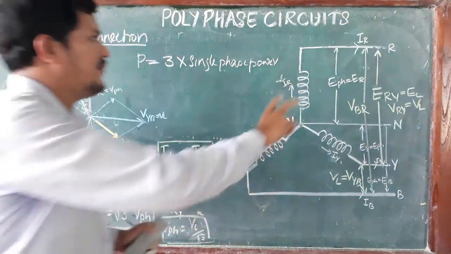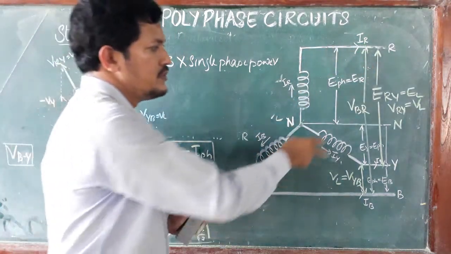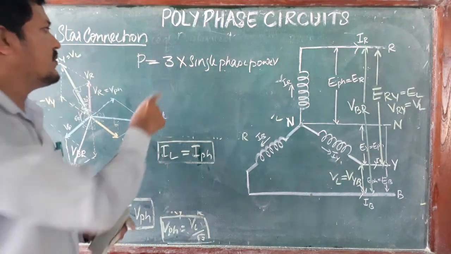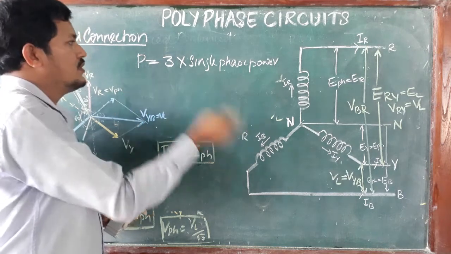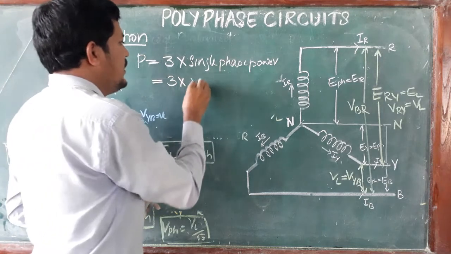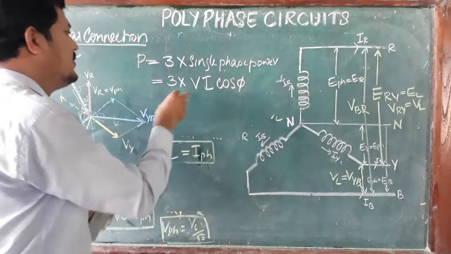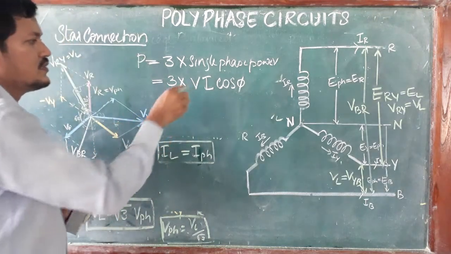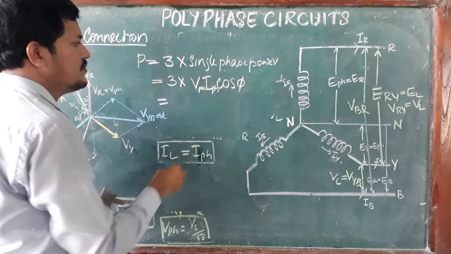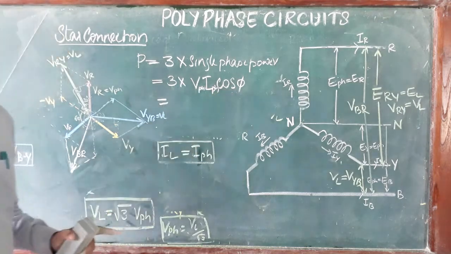So if the R phase dissipates some power, the same is dissipated in the Y phase and the B phase. So power measured in one phase into 3 gives the total power. We know the single phase power equation is V I cos phi. Clear? Here both are phase values, so 3 into V phase I phase cos phi is the total power.